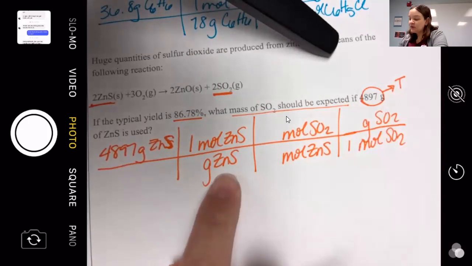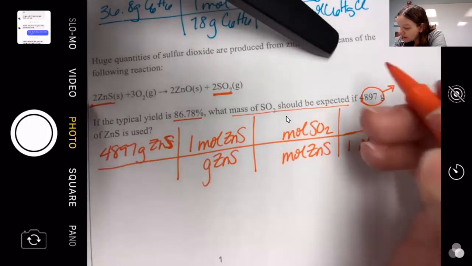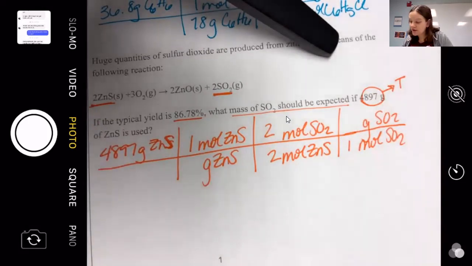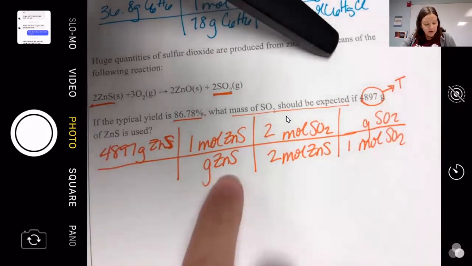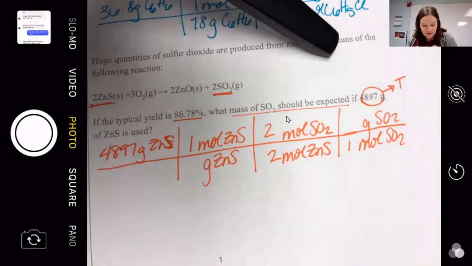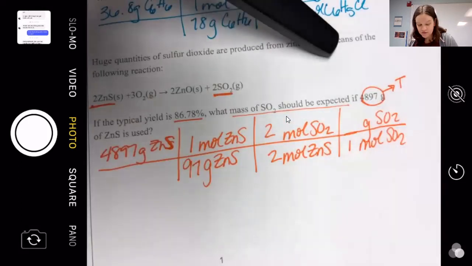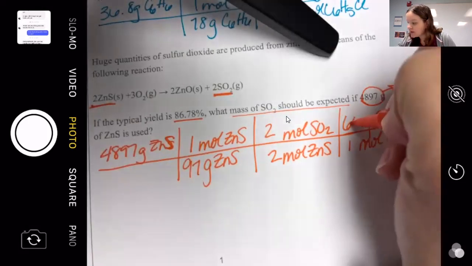All right, so I'm going to fill in my mole ratio. I have 2 to 2, which really doesn't affect my math very much. Zinc sulfide is 65 plus 32, 97 grams. SO2 is 64. I think I did that math right.